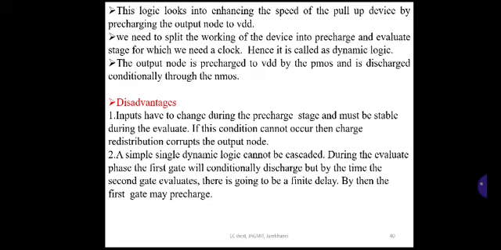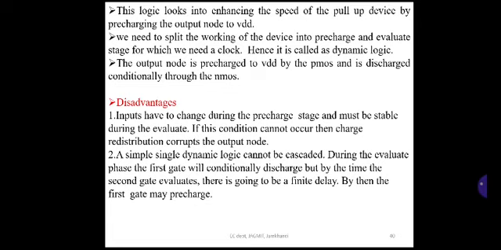It contains N plus 2 transistors and the input capacitance is 1 unit each. Thus, dynamic CMOS logic has higher speed as well as lower floor area. Disadvantages: inputs have to change during the precharge state and must be stable during the evaluate.